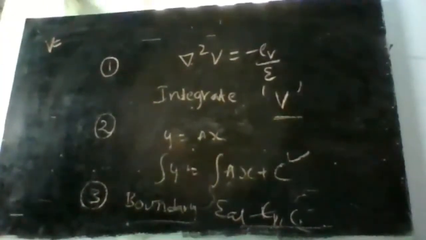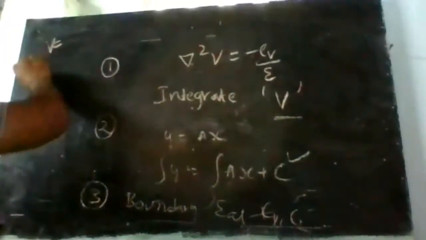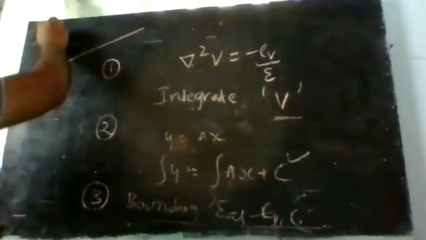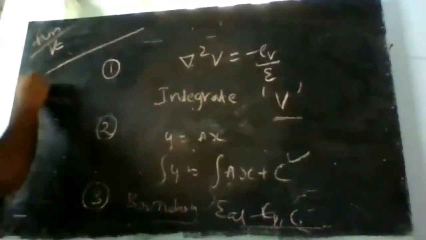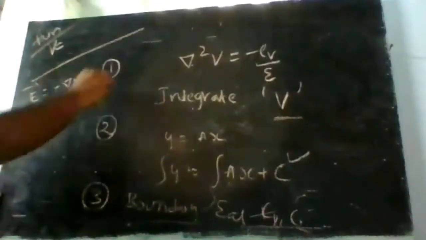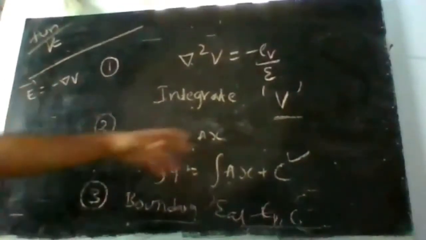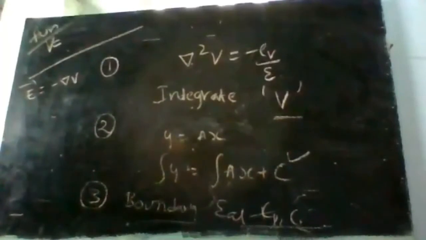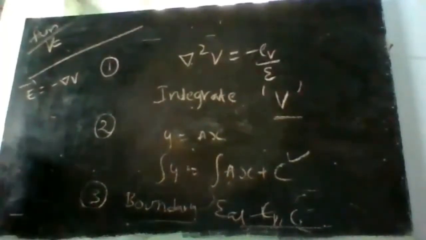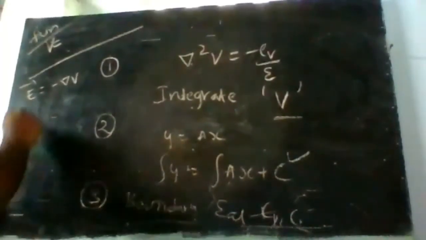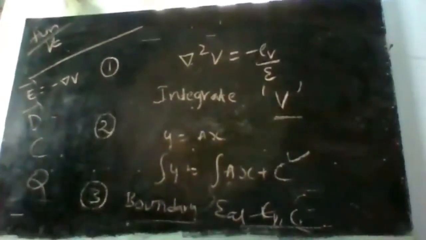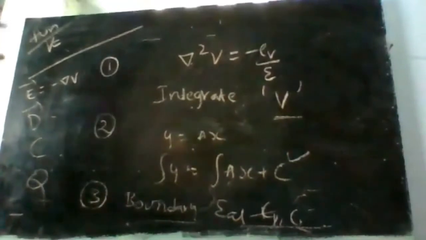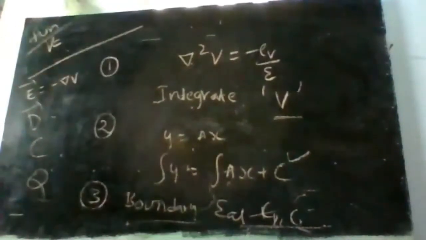Once I get C1 and C2, I substitute them and get the general function of V. Then from that I can get E bar equals minus del V, in an intermediate step itself. Then we can calculate D bar, or capacitance, or charge, anything. We can calculate any value from this.